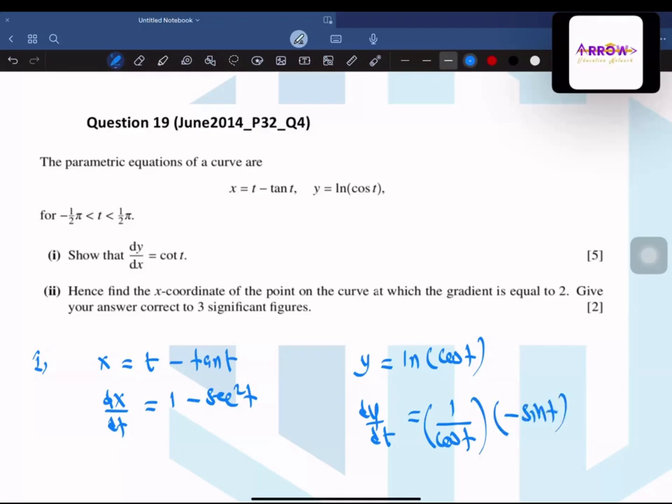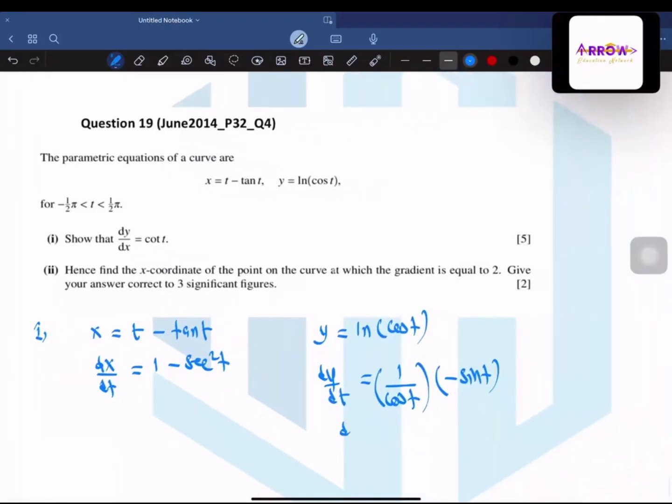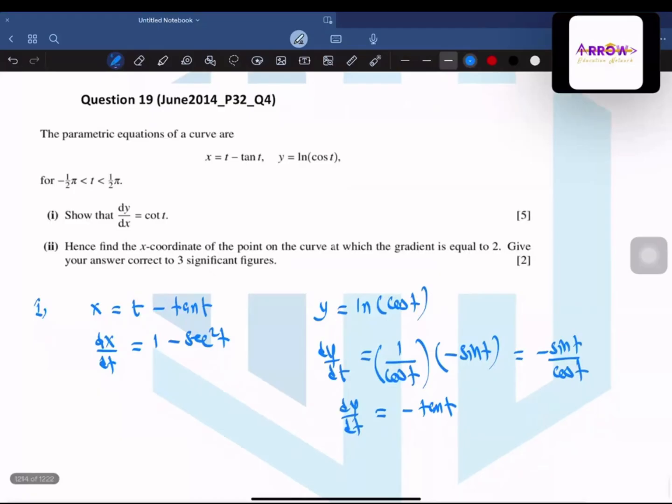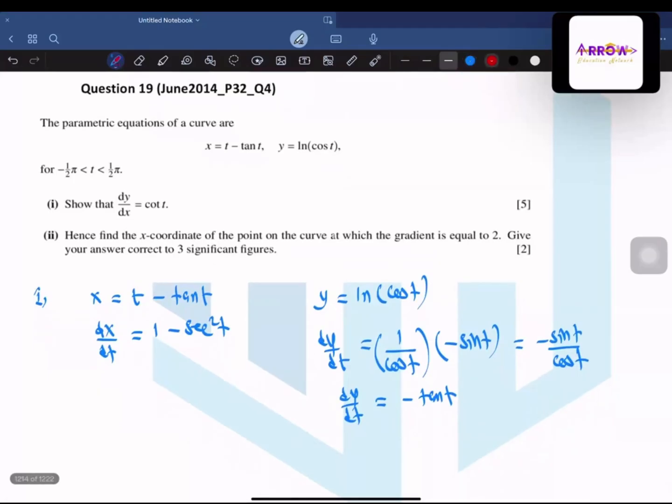So far we have achieved this much, and now I can also say that dy/dt is equal to −tan t, because −sin t/cos t is exactly the same as −tan t. Now we are going to obtain the dy/dx function using the chain rule.